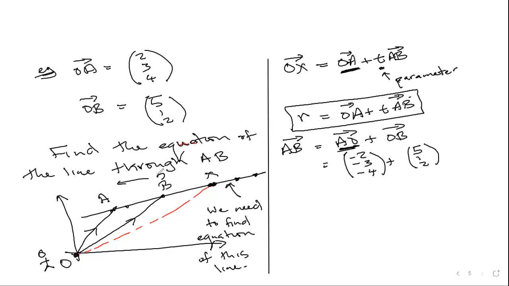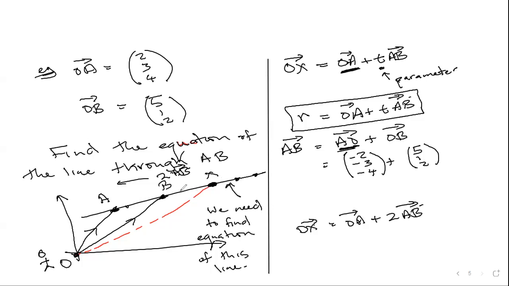So X will be 2 times AB. So the equation would be OX is equal to O to A, and then 2 times AB, 2 times the distance A to B to find this point X.